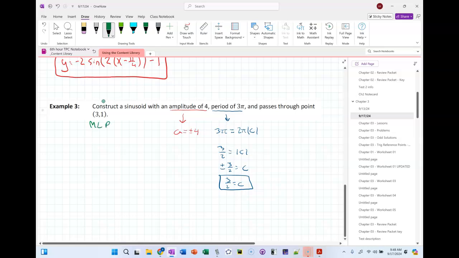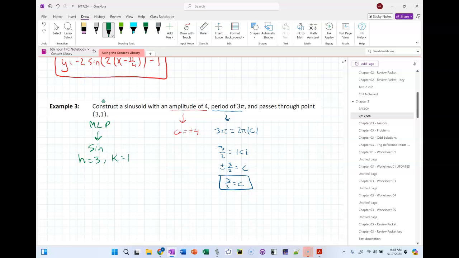So I'm going to choose that to be a midline point. If I do that, it means that I'm going to use sine as my function. The h is going to be the x-coordinate, and the y is going to be the k-coordinate. If I make that choice, which makes this pretty stinking easy, right?